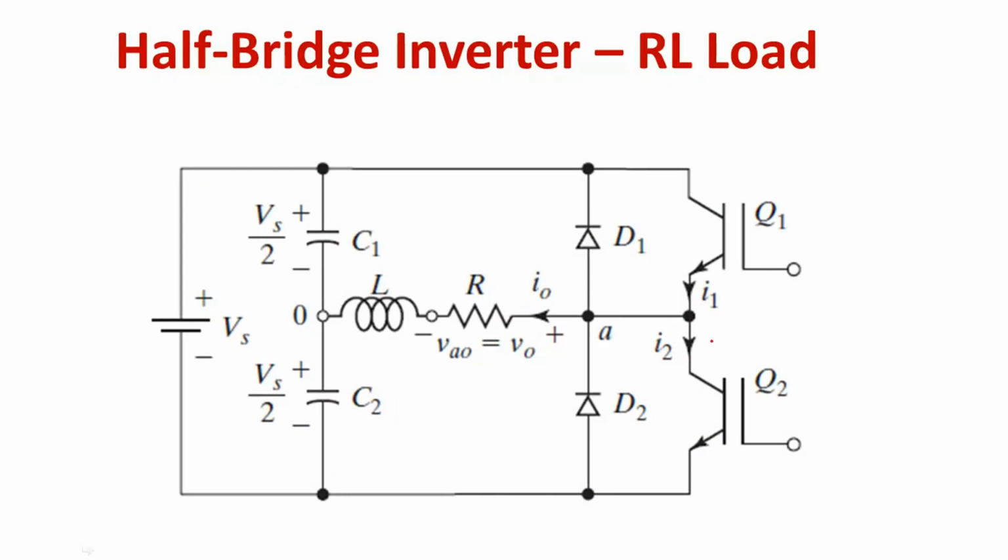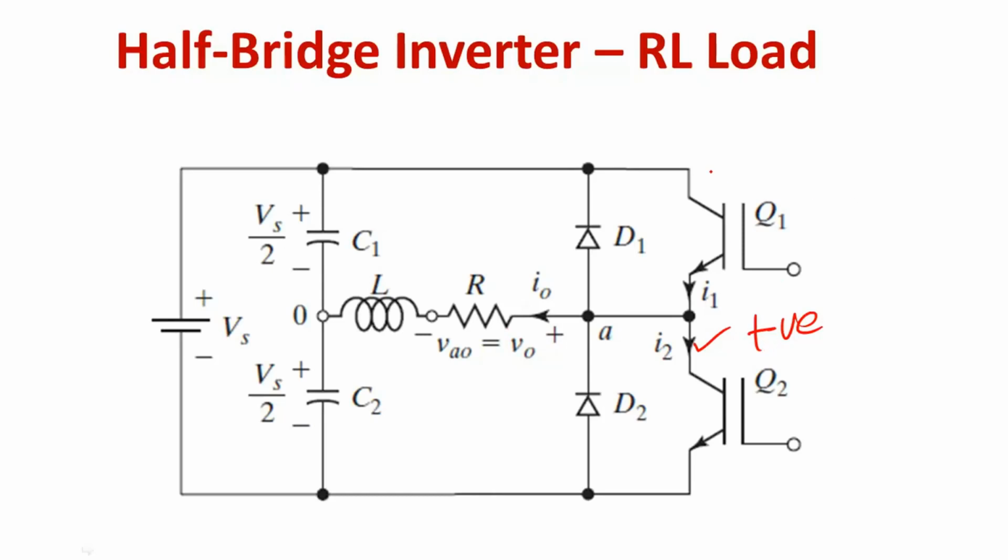The direction of I2 is like this. If I2 flows in this direction, it is considered positive. Its value may be V0 by R when the switch is on.